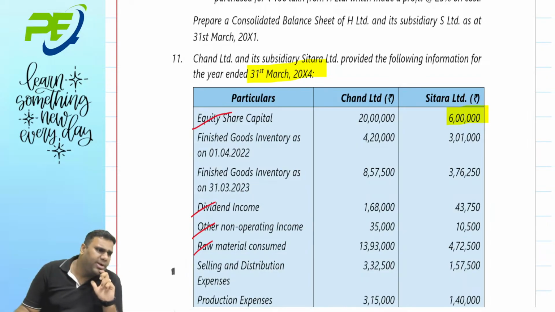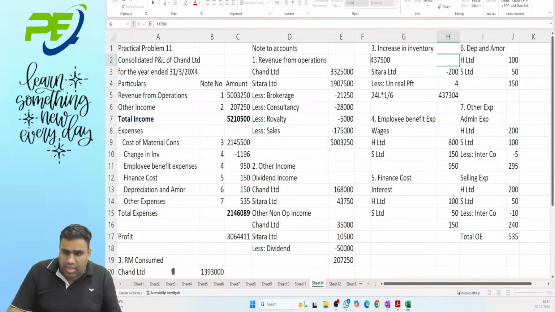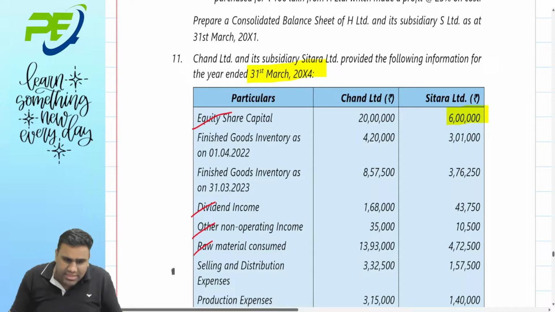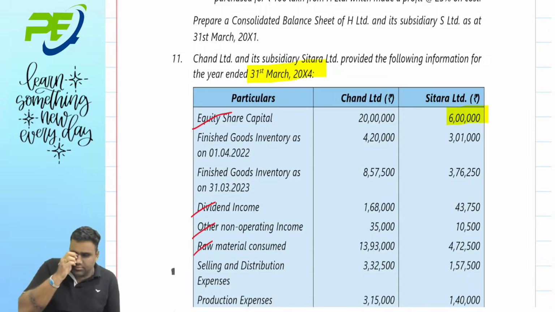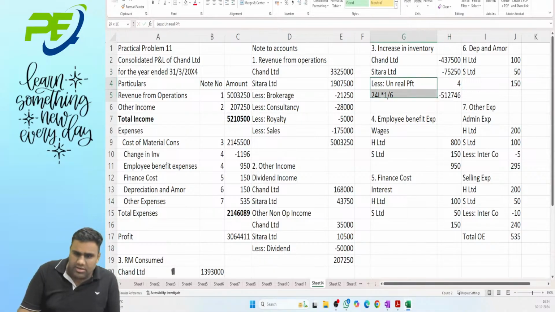For Chand Limited, how much? Minus 437 500, because opening is less. And for Sitara Limited, minus 75 250. That's all. We have unrealized profit.